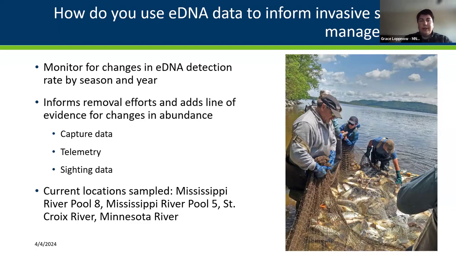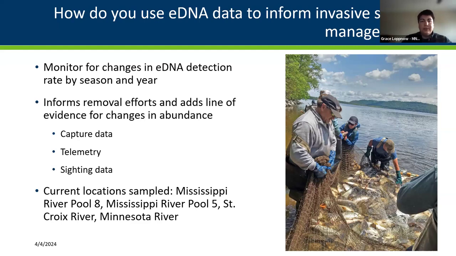Places that act as barriers to movement where we could see aggregations of invasive carp. Excuse me, sorry. I have a bit of a cold today. But these data help us inform what time of year and what locations we should be targeting for removal efforts. And it also helps us add a line of evidence for changes in abundance of invasive carp in the state.